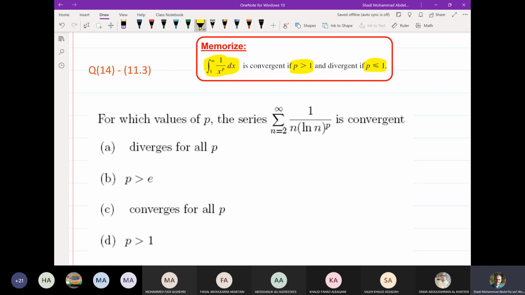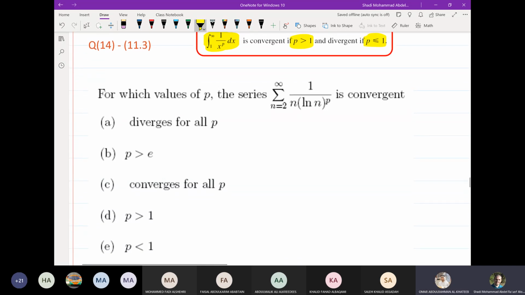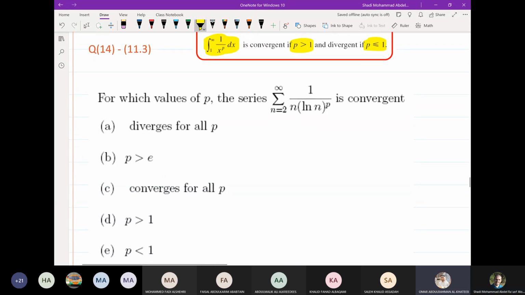Doctor, we proved this when we solved the second question, I think. Yes. But why did I put it here? Because I need to use this series. Does it converge or diverge using the integral test? I just put this one to remind you about what we need to use.